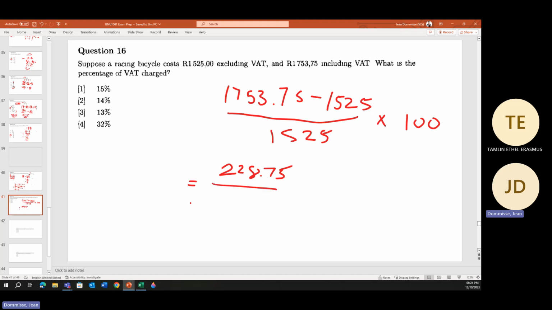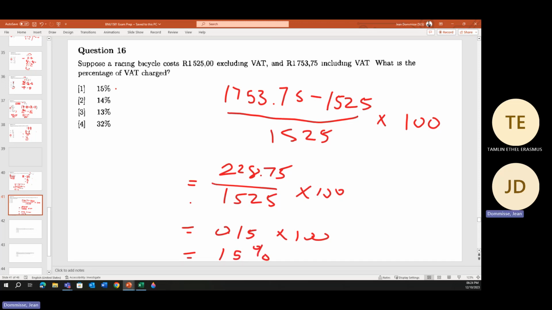And if we divide that by 1525, we get 0.15. If we multiply that by 100, we will get 15%. Okay, which is again option 1.